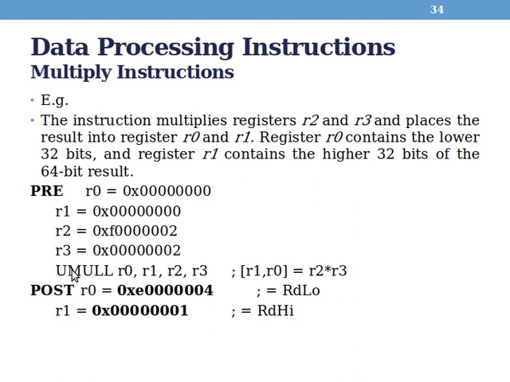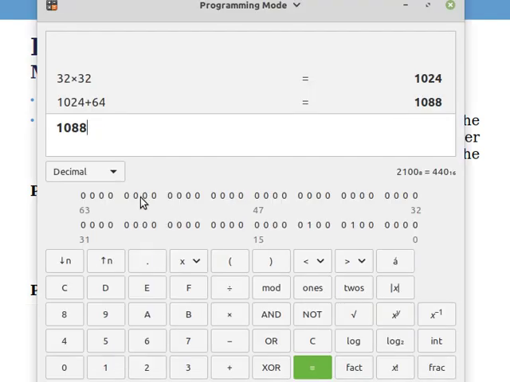It's unsigned, so we are not worried about the sign. The source registers are R2 and R3, the first operand and the second operand. 2 is the data, so 2 multiplied by 2 is 4. Sorry, it is 0xF0000002. We'll just use a calculator for this.